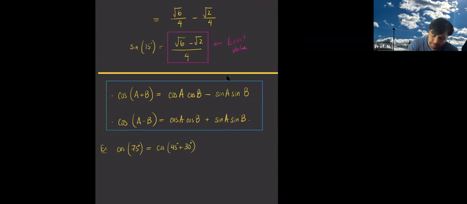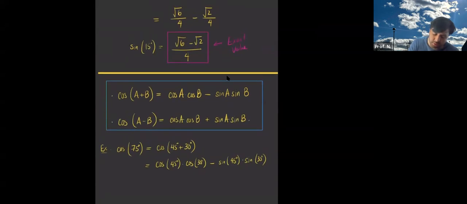And this becomes cosine of 45 times cosine of 30 minus sine of 45 times sine of 30. Again, I'm just using the formula that I have above.